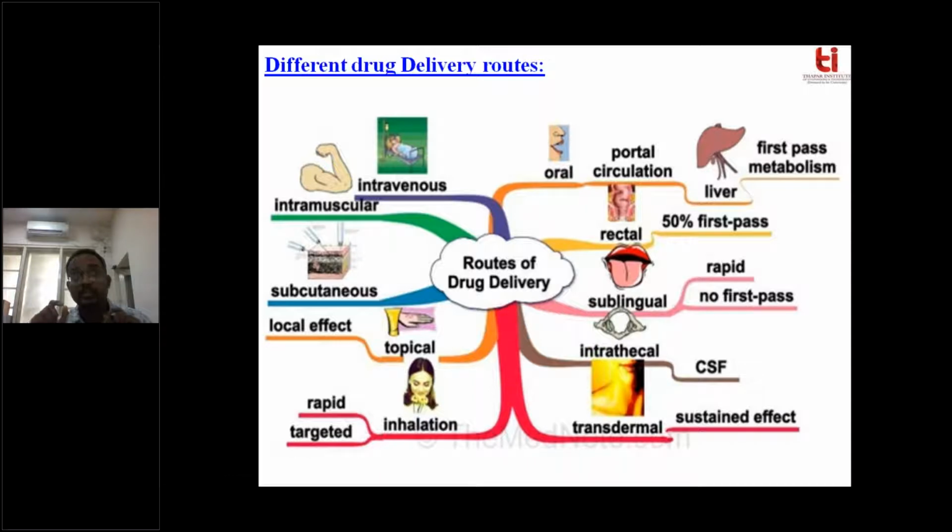The choice of route depends on the drug and its properties, whether we want the drug to be metabolized or to stay intact and go for the action, whether the drug is stable in the presence of gastric acid or not, or whether you want a very slow release or a fast release in the blood. Based on these and other parameters, your choice of drug administration route varies. We'll be talking mostly about the oral route and how it changes.